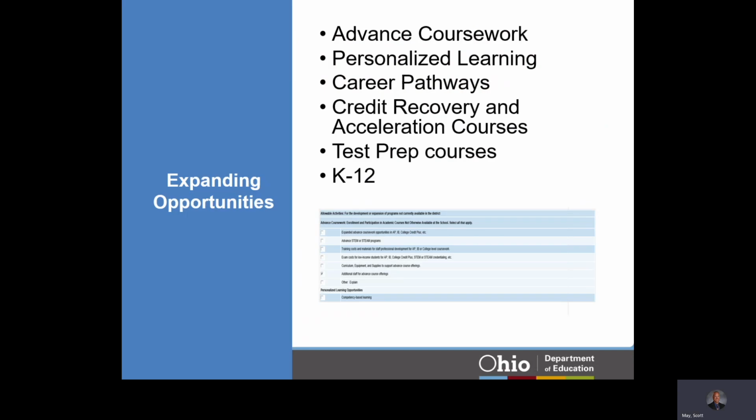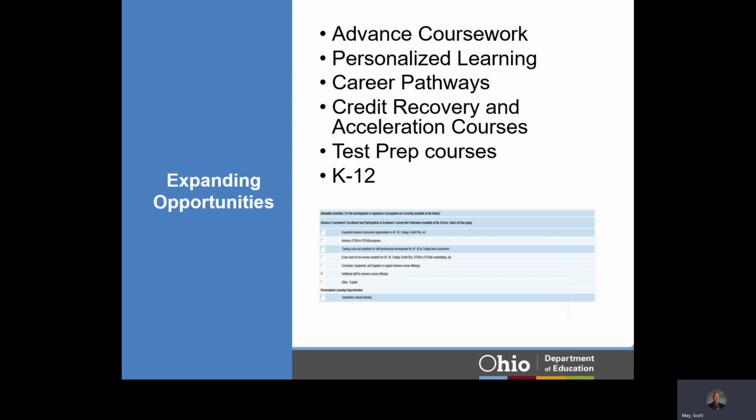A new formula grant will be available this year called the Expanding Opportunities for Each Child grant. In the past, this has been a competitive grant. This will be awarded through formula funding this year. All districts and schools will receive funding this year for this grant.